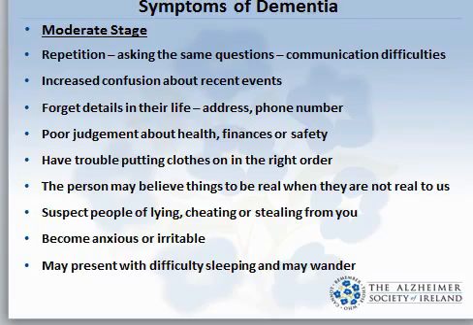You'll notice more frequent poor judgment about health, finances or safety. They'll have trouble maybe putting their clothes on in the right order. The person may believe that certain things are real when they are not real to us, so they might have visions or slight hallucinations. They might suspect you of lying, cheating or stealing from them. They become anxious or irritable, and they may present with difficulty sleeping and may wander.